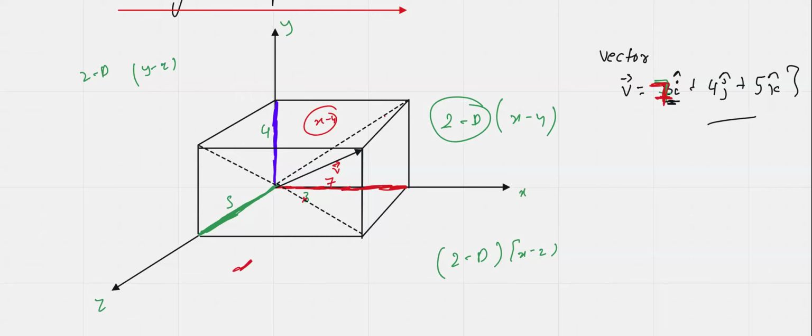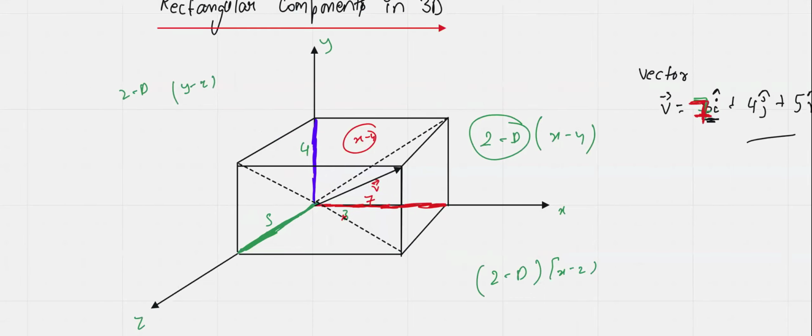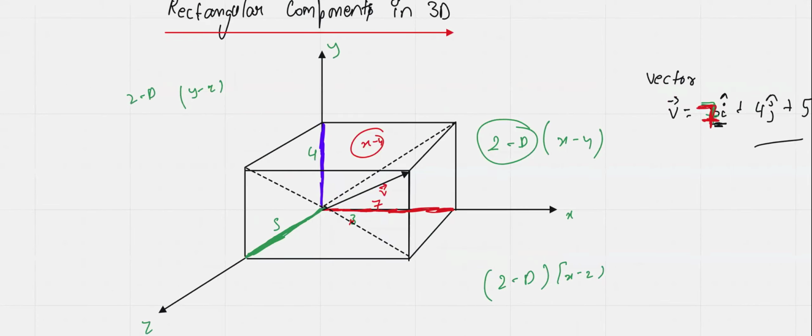To get this one, you need to see from this side, and to get the bottom one, you have to look from the top side. That is the thing. Then you can visualize all properly. It should be 3D options should have been there, but okay, no problem.